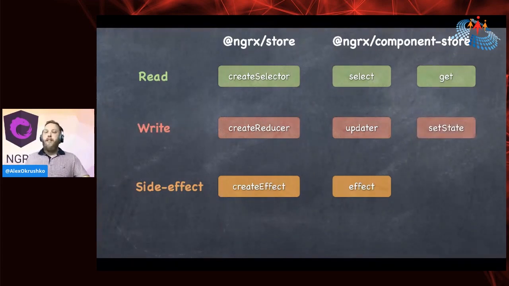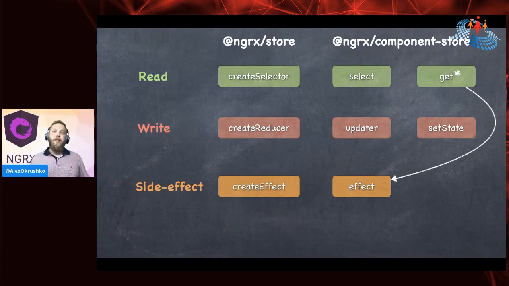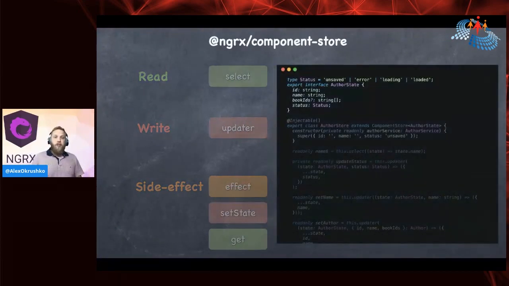There are a few more methods, but we won't be covering them today. Some of those methods are meant to be used only in specific places. For example, get we only want to be used in effects, so it's protected and not publicly available. Anyhow, those are the APIs that we have for the component store.